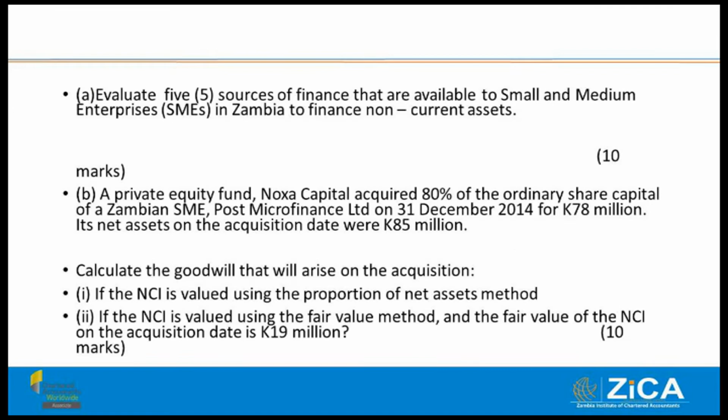The second part required computation of goodwill and non-controlling interest. So these two parts carried 20 marks. The final part of this question carried five marks and required discussion of the advantages of listing a company on Luce.